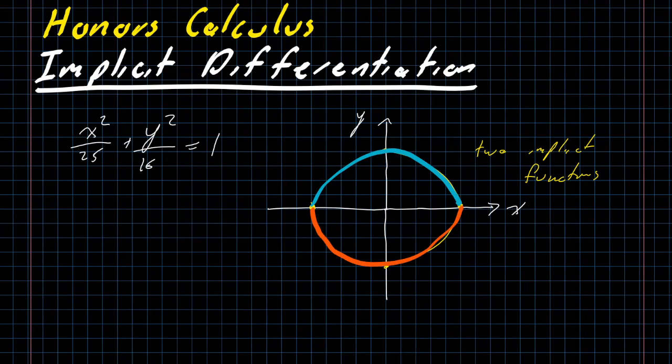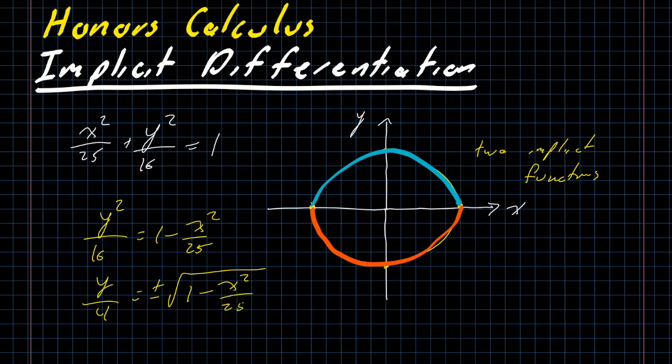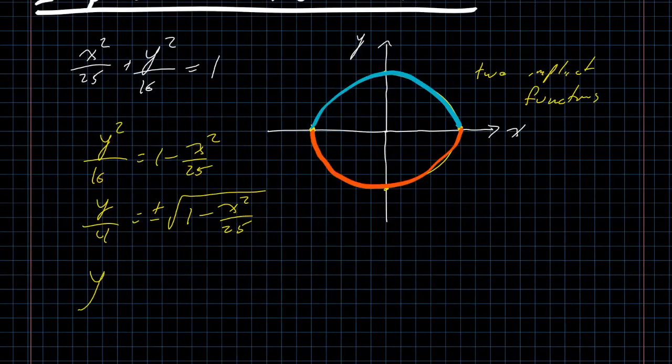Or if you prefer algebraically, I can rearrange this equation. And we can write the same equation as y equals plus or minus 4 times the square root of 1 minus x squared over 25.